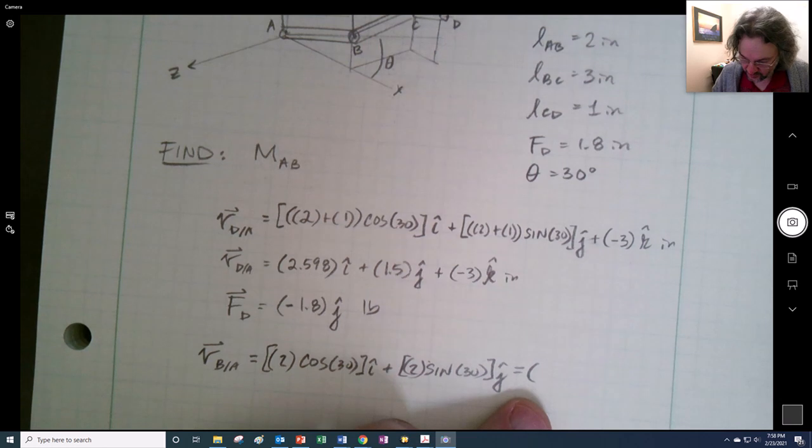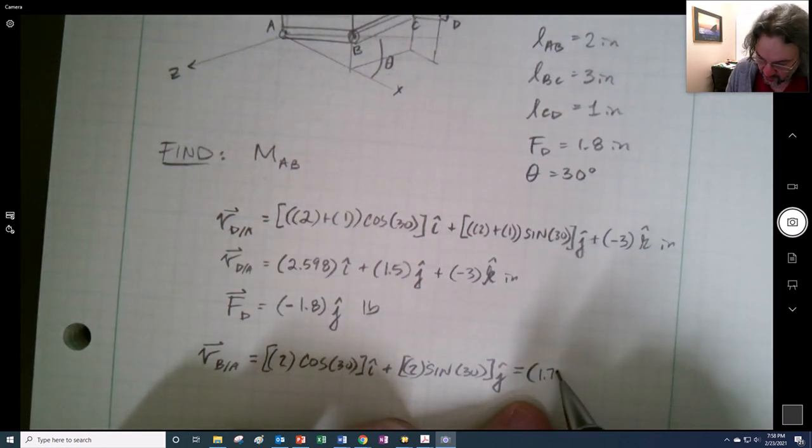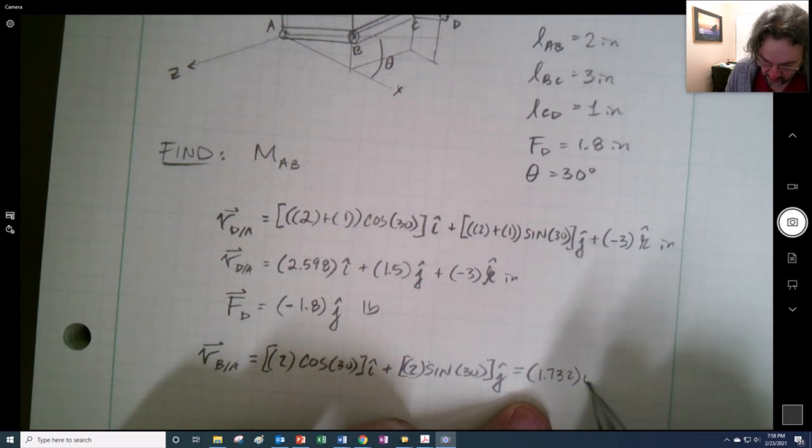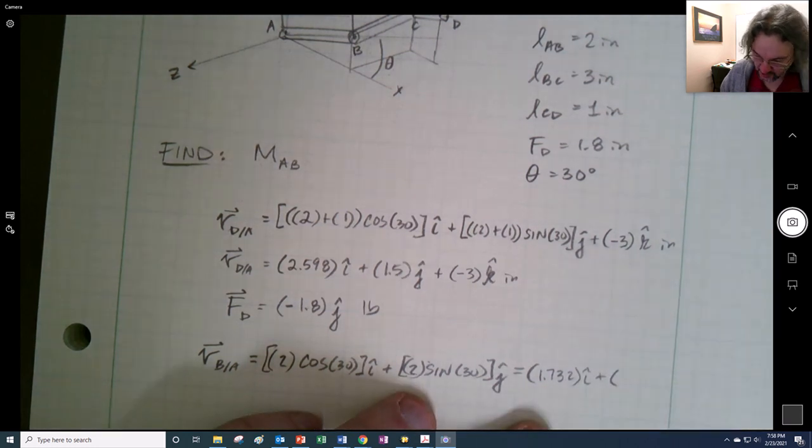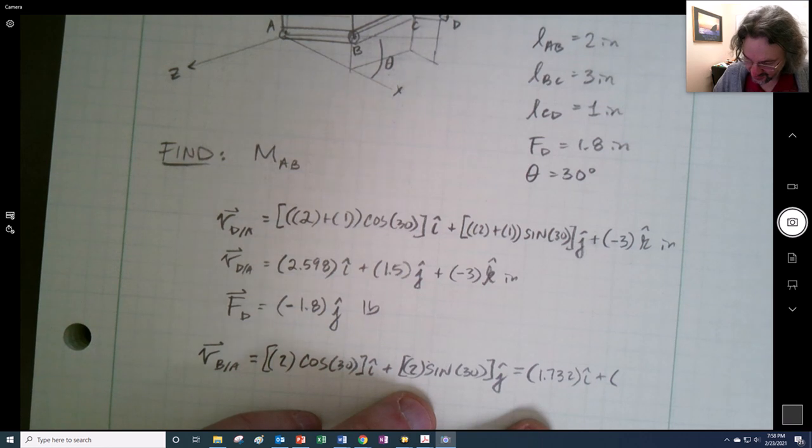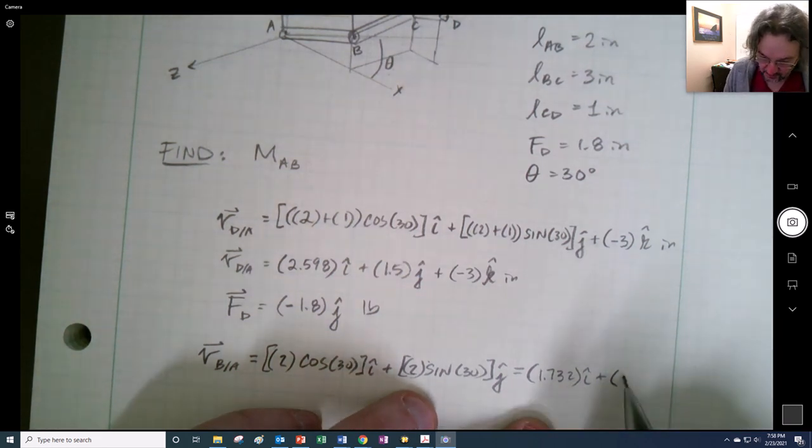We'll take 2 and 30 cosine times, so we get 1.732 i plus 2 times sine 30, and this should just be 1, duh. This should be 1, right?